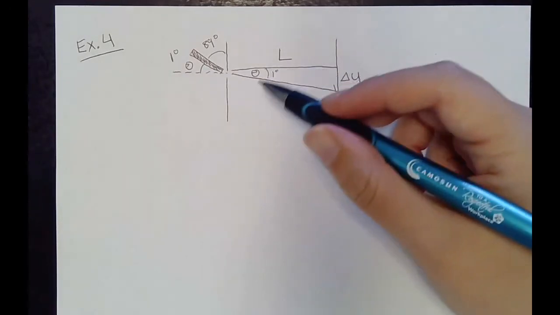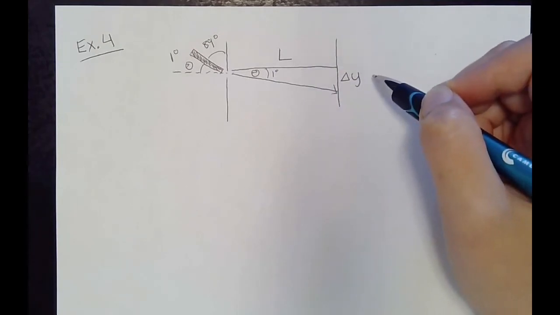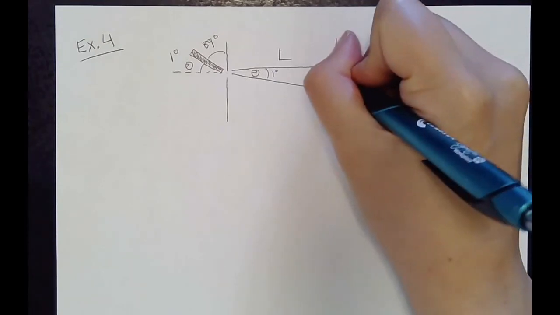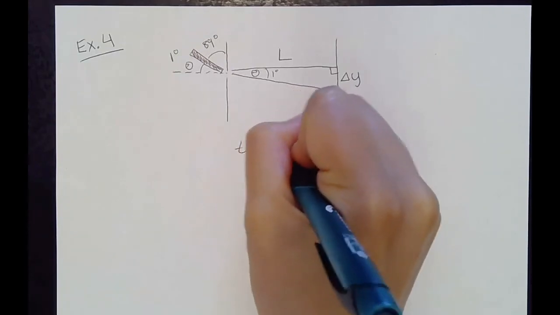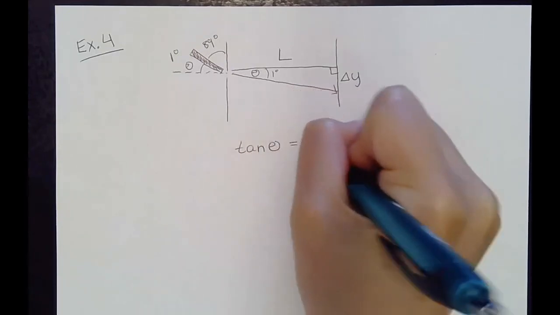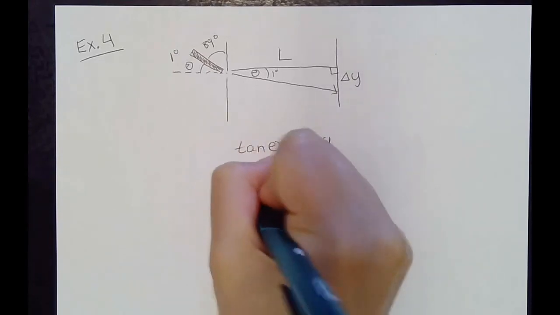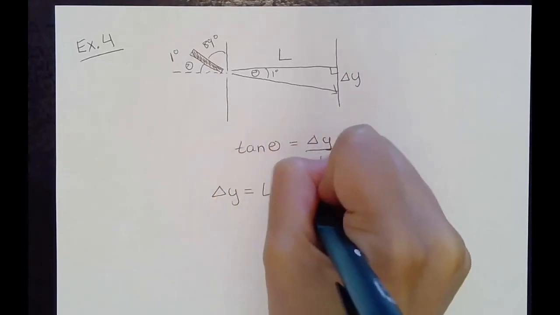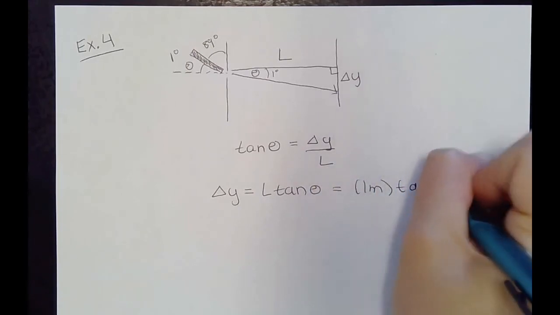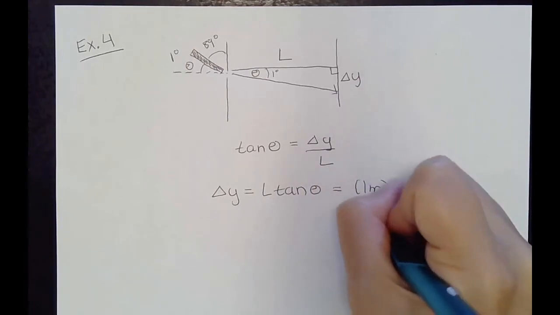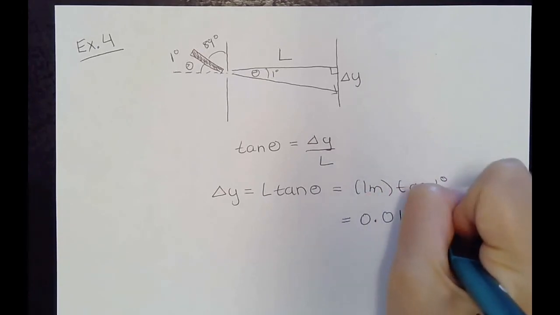I'm just going to use this setup to find delta y because we have a right angle triangle here. So we'll have tan theta equals delta y over L. So delta y is L tan theta, which is 1 meter times tan of 1 degree, so 0.0175 meters.